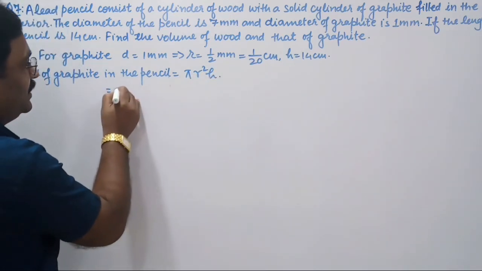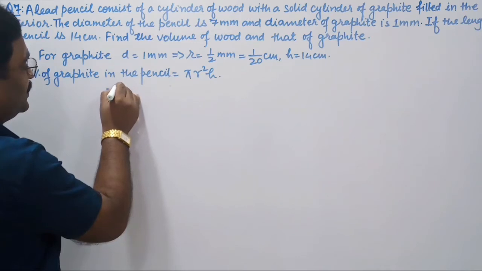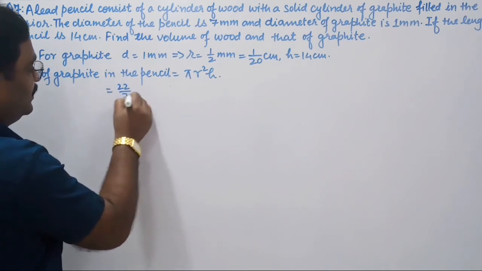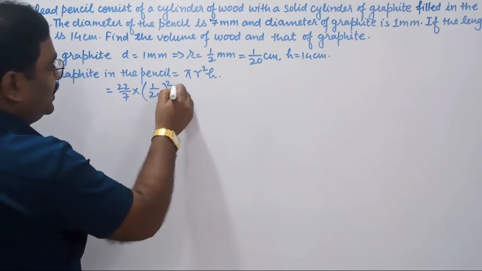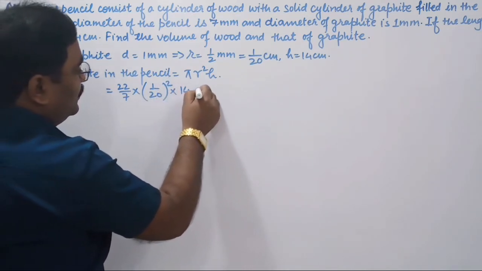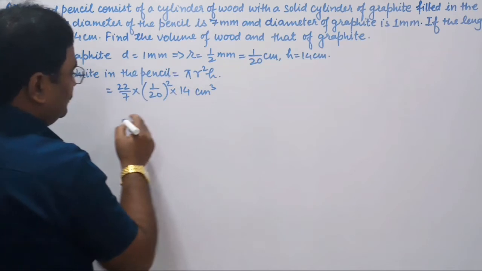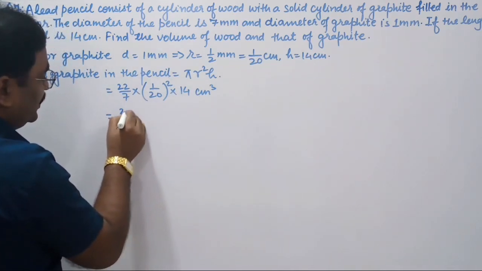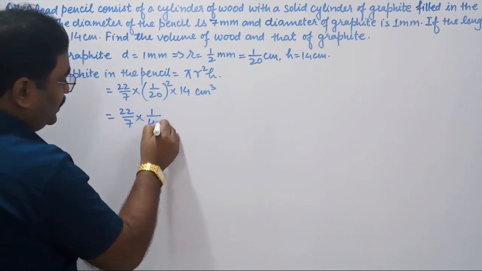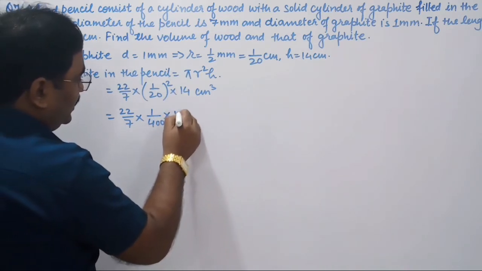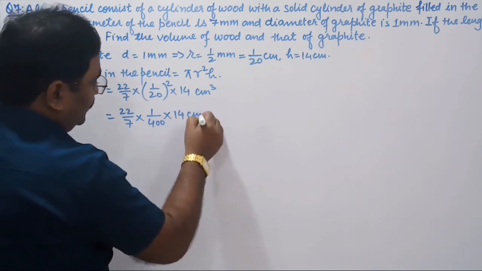Substitute pi as 22 upon 7, radius as 1 upon 20 centimeter squared, and height as 14 centimeter. Simplify it: 22 upon 7 into 1 upon 400 multiplied by 14 cubic centimeter.